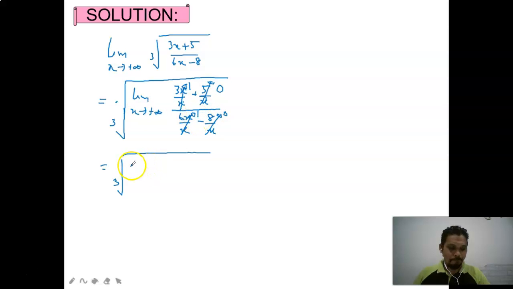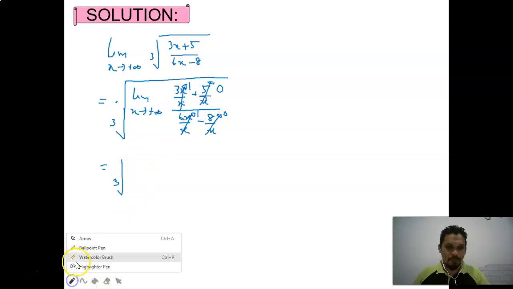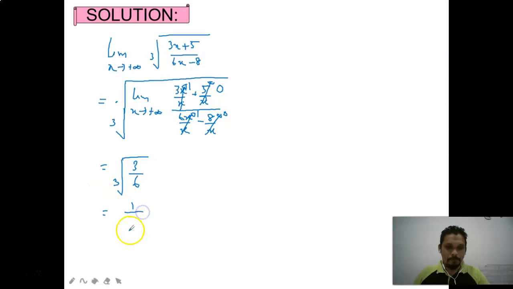So then it is now 3 times 1 equal to 3, and 6 times 1 equal to 6, which is equal to 1 over, okay, this is cube root of 1 over 2 equal to 1 over cube root of 2.